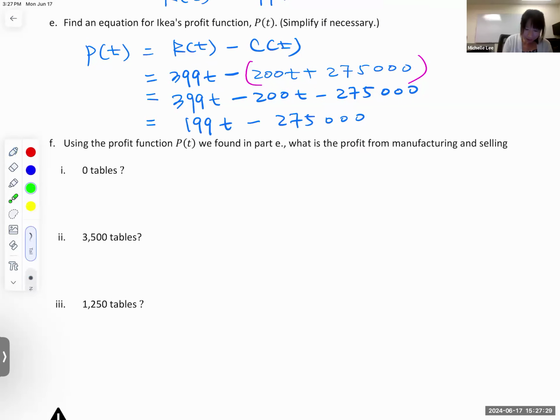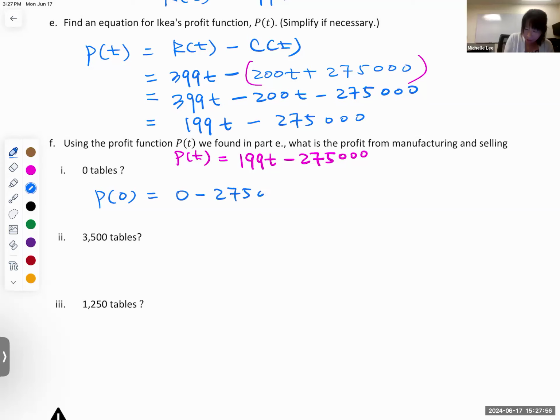Now they say that using the profit function. So from above, we had the profit function P of t equals 199t minus 275,000. Okay, what about the zero? P of 0 equals 0 minus 275,000, which is negative 275,000, right?